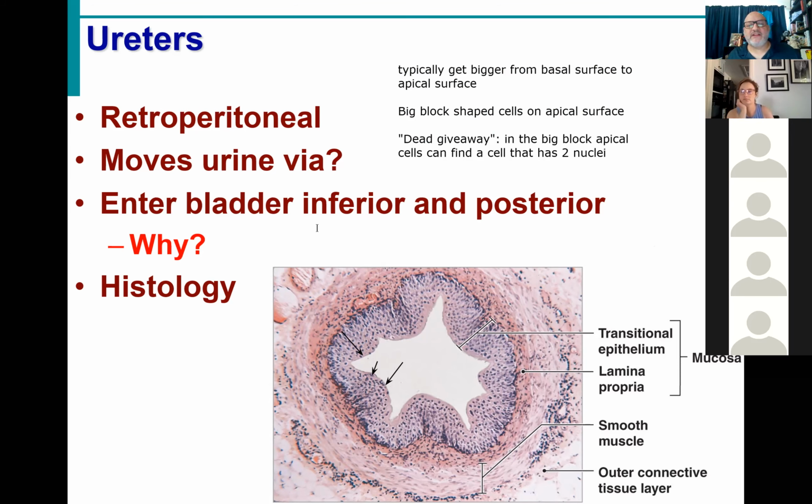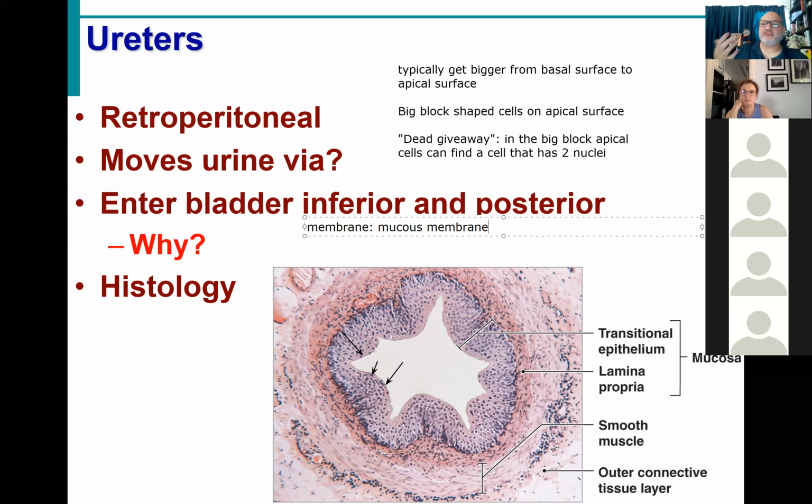Obviously, this is an organ that is open to the outside world. So what type of membrane lines it? Stratified columnar epithelial tissue? Well, no, remember, we know it's a transitional epithelial tissue. There we go, a mucous membrane.